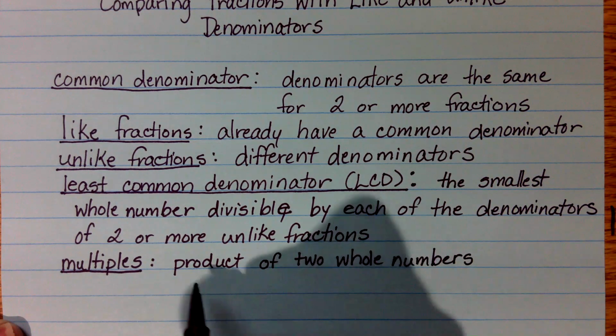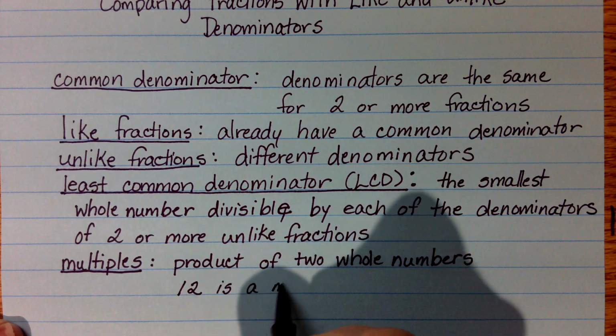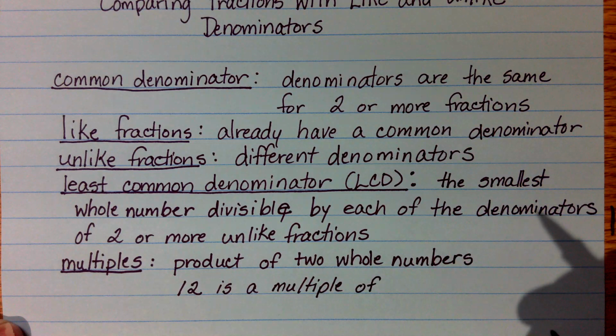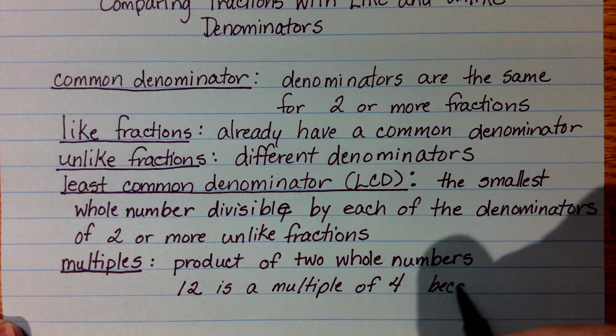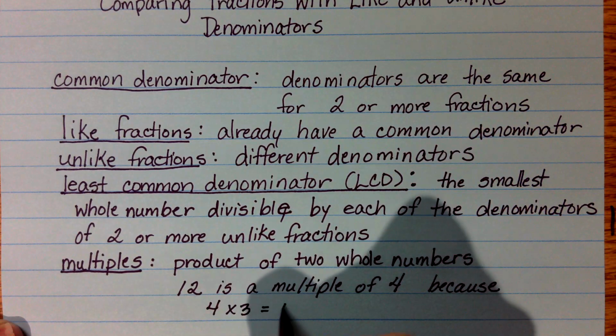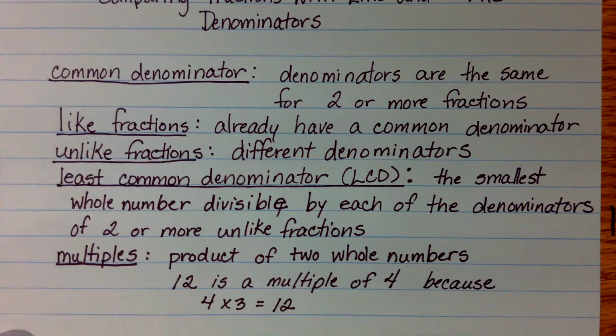For instance, 12 is a multiple of 4 because 4 times 3 equals 12. So we did this little tactic when we worked with division where we listed the multiplication facts down the side. Working with fractions is very similar to that when we're working with unlike denominators.